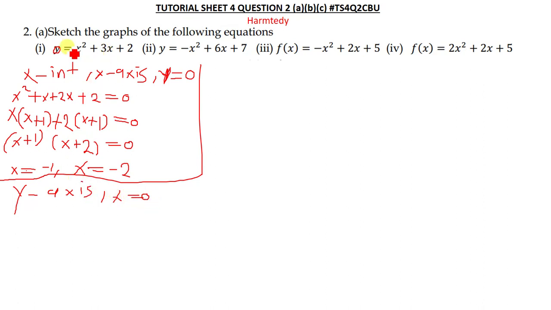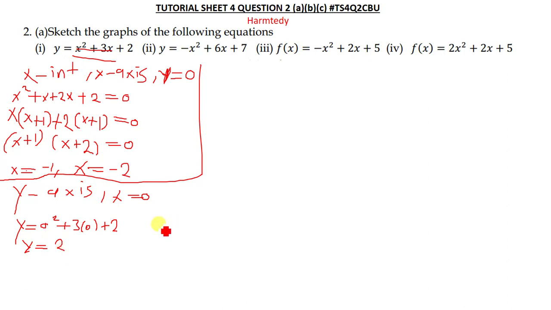So we put 0 where there's x in this expression: y is equal to 0 squared plus 3 times 0 plus 2. 3 times 0 is 0, plus 0 is 0, plus 2, we get 2. So our value of y is equal to 2, which is the point where the curve cuts the y-axis.